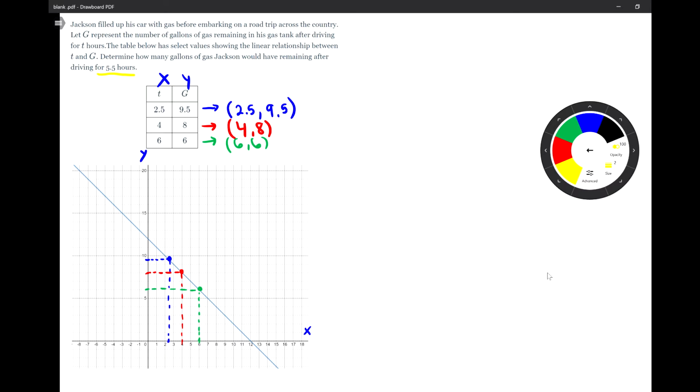We're looking for X, the hours, which is 5.5, between 5 and 6. It's right here. With this point, you can figure out the amount of gas, which is the Y value. And we find it is 6.5.